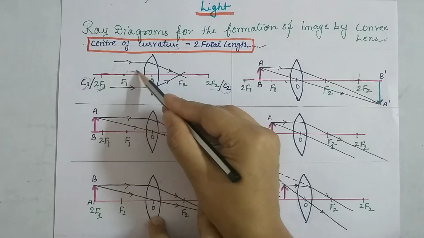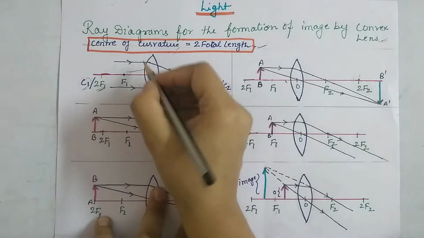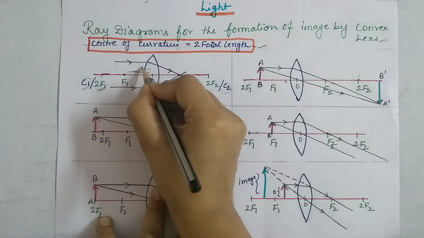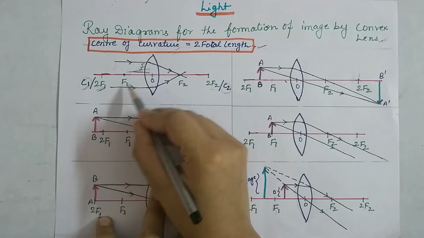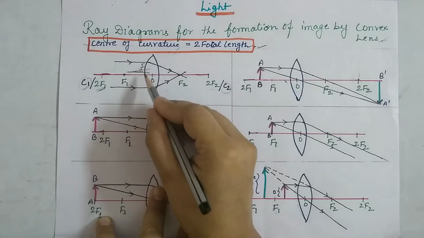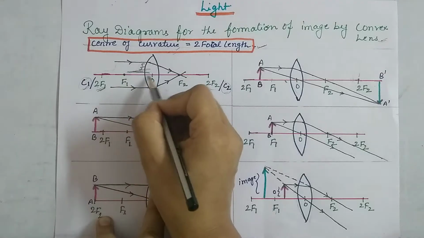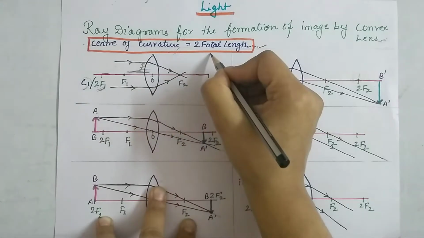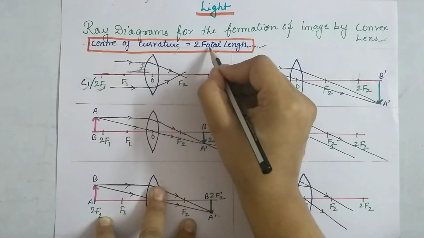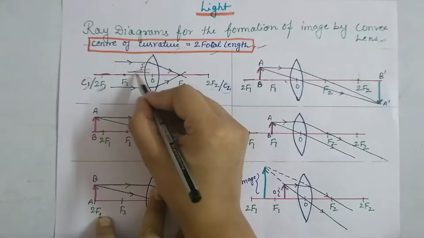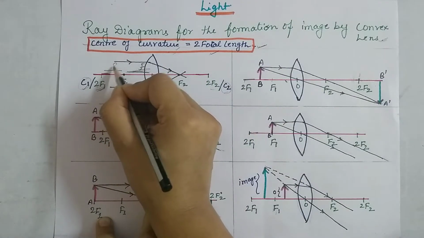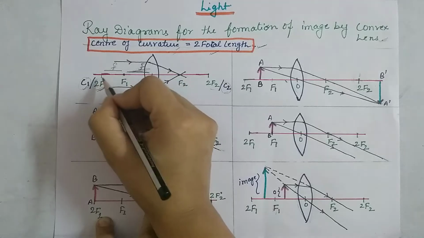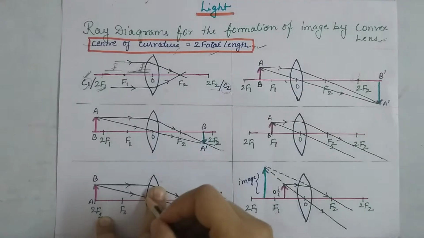So this part is your focal length. This part is also your focal length. Because of the relation, double the focal length, we have 2f1 on one side and 2f2 on the other. Double the focal length is your center of curvature.